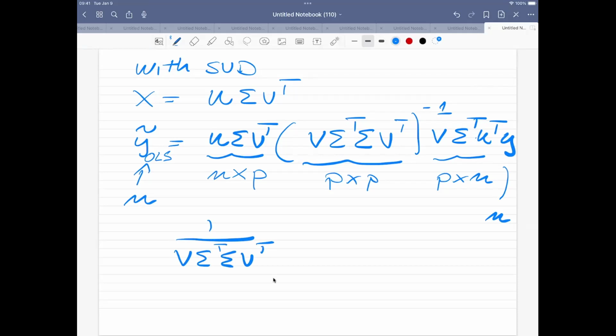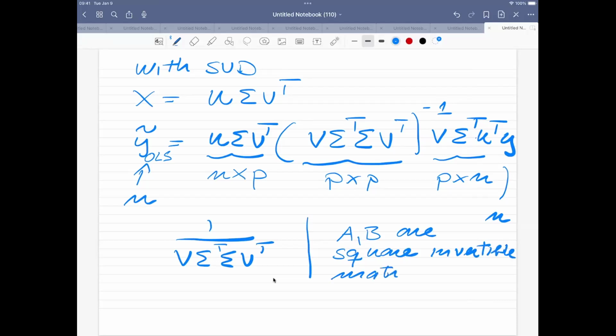This hidden gem is from linear algebra: if A and B are square invertible matrices, and this is the case of what we have here. So V is a square matrix composed of orthogonal vectors.